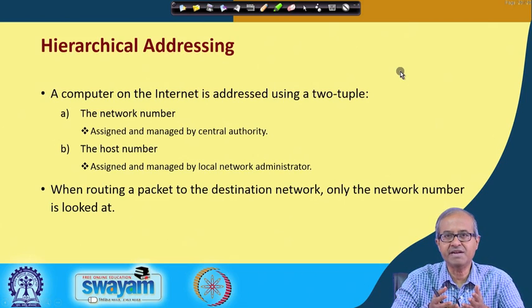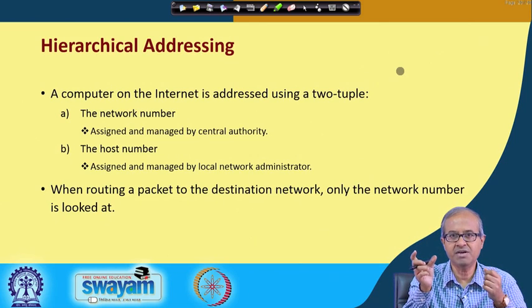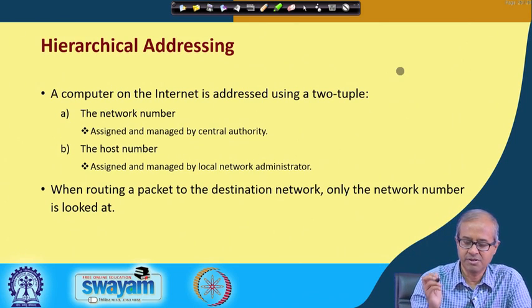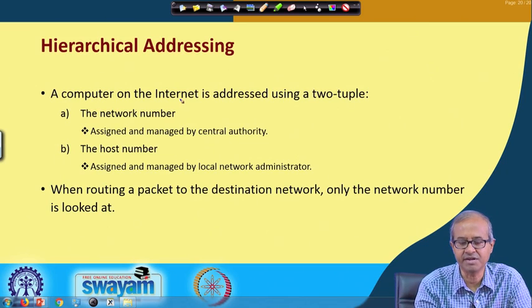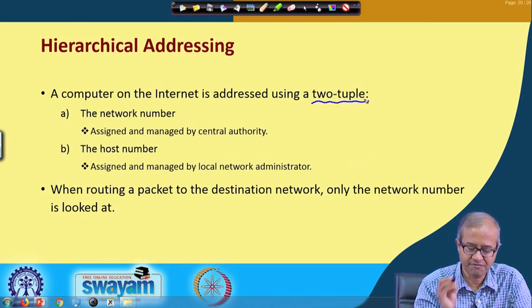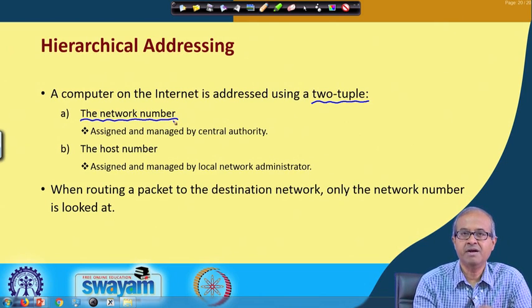Now, this hierarchical addressing I have already talked about, that the way we address a computer is in two parts: address of the network and address of the host. So, here I am just repeating it again. Every host or computer that is connected to the internet is identified by a two-tuple. First one I mentioned already, the network number. Network number has to be unique.